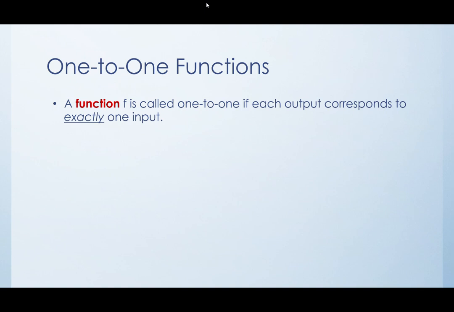We have what's called a one-to-one function. So we say a function is called one-to-one, and usually I will write 1-1, if each output corresponds to exactly one input, so one and only one input. Okay, so in other words, if your two inputs are different, then your two outputs are different.